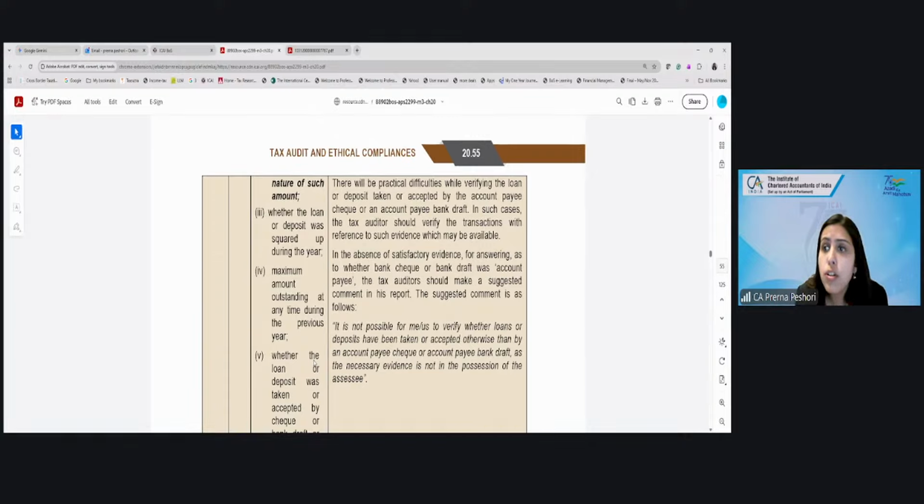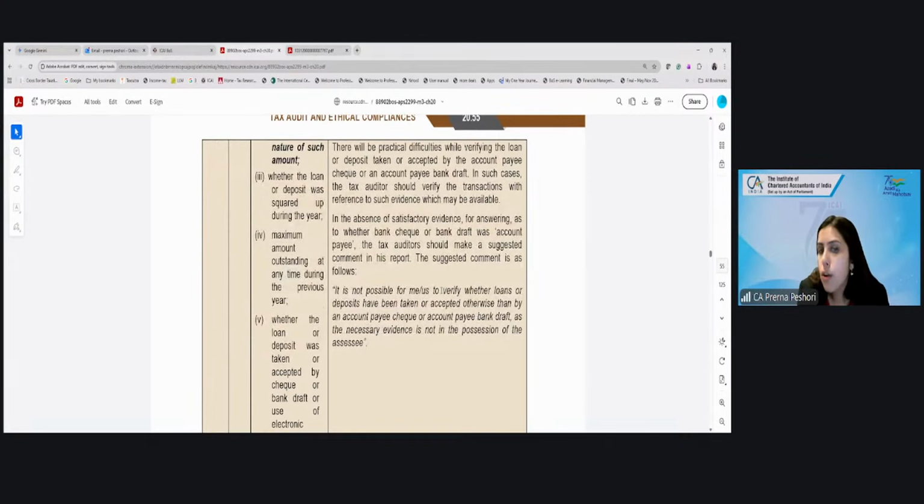And where the tax auditor may not be able to verify the mechanism of acceptance, because he will not have access to whether the cheque was account payee, the client will not maintain the cheque or the bank draft, then he can just put a comment that it is not possible for us to verify whether they have been accepted otherwise than by account payee cheque, as the necessary evidence is not in the possession of the assessee.